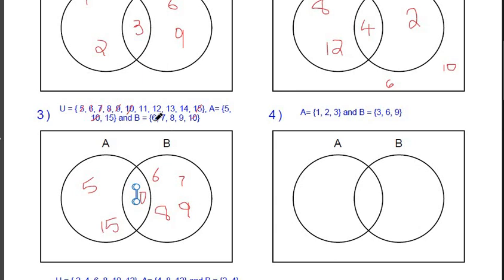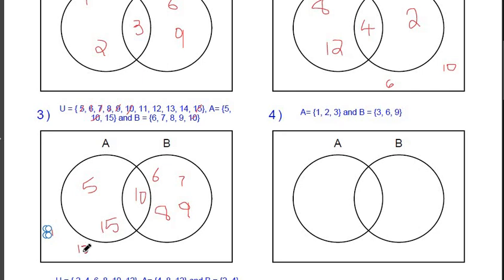Now, where do we put those elements that are not in set A nor set B? We put them in the rectangle, the rectangular box, because none of those elements are a part of set A and B. So we're writing the remaining elements in the rectangle.